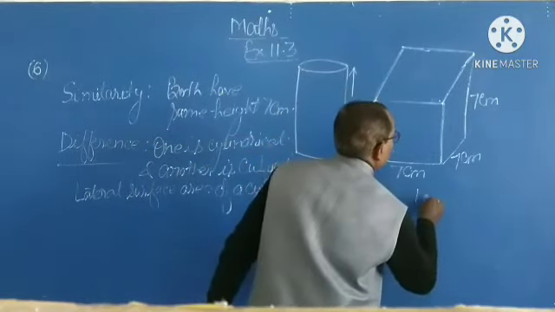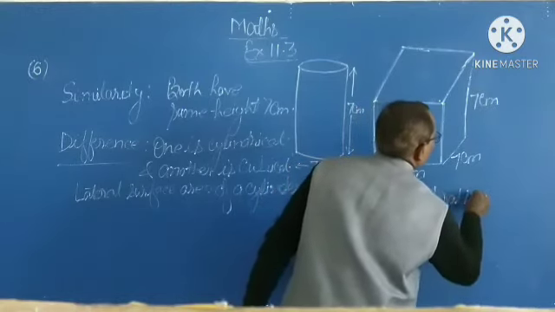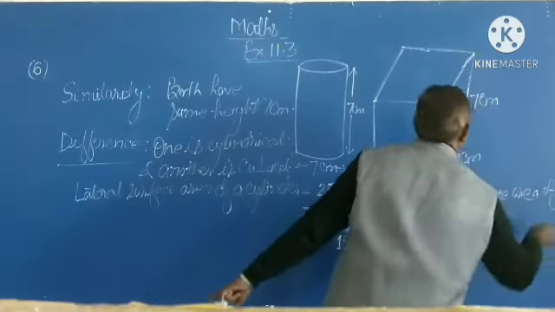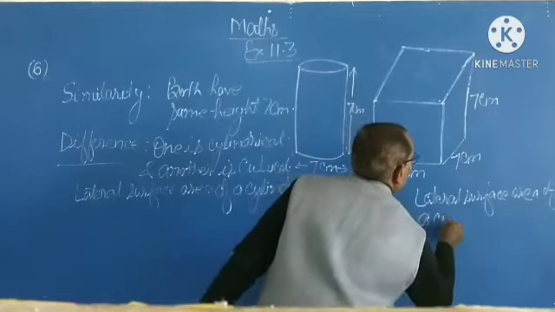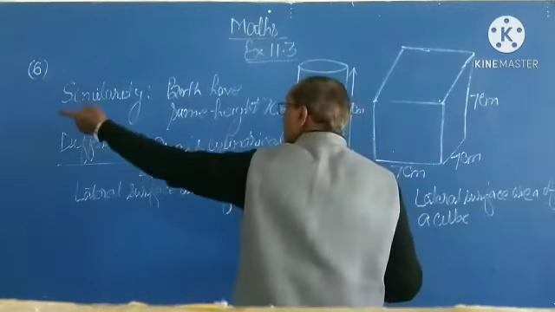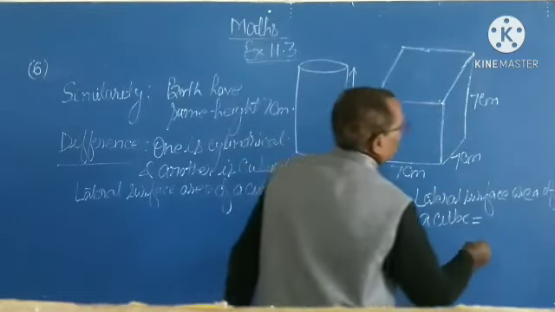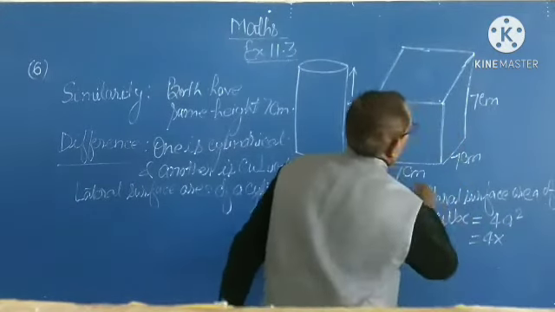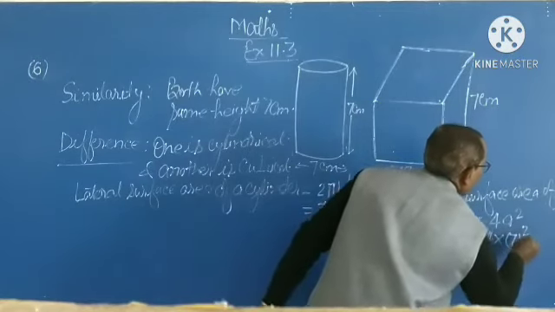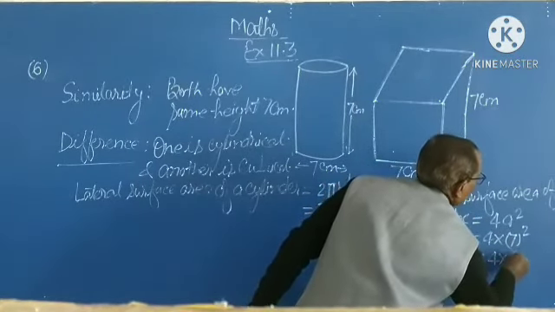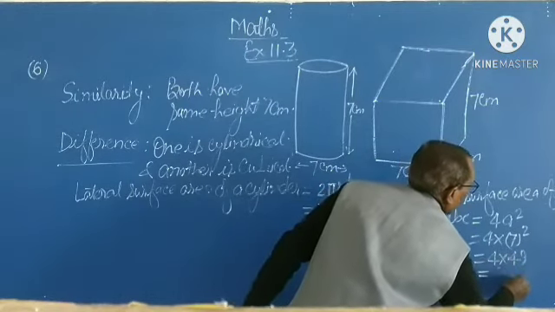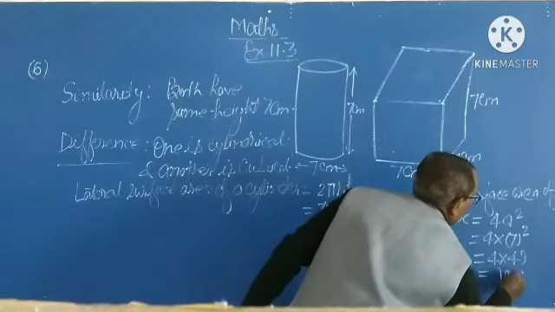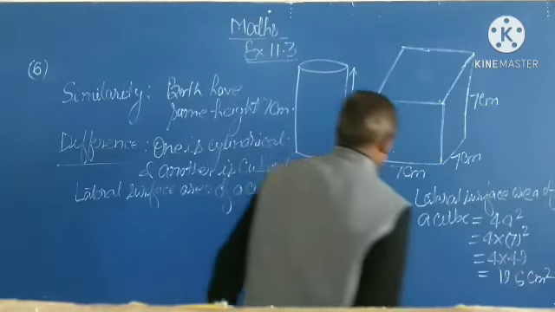Lateral surface area of a cube is equal to 4a square, that is 4 into a is 7, 7 square, you get 4 into 49, that is 4 9s are 36 and 4 4s are 16 and 3 is 19, 196 centimeter square.